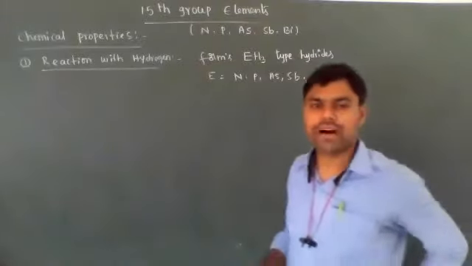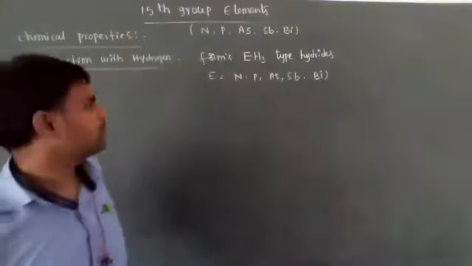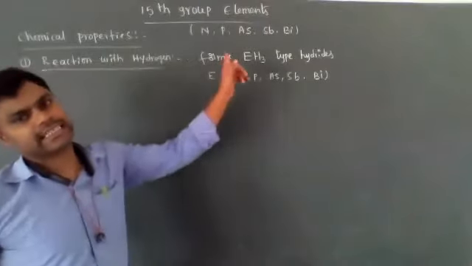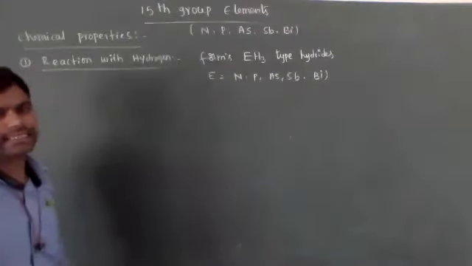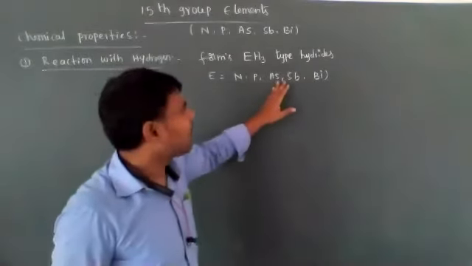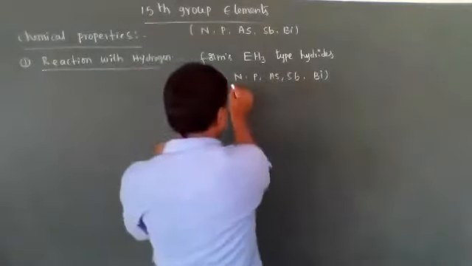Okay, so they form hydrides. What is the general formula of hydrides? EH3: NH3, PH3, AsH3, SbH3, and BiH3. These are called hydrides.